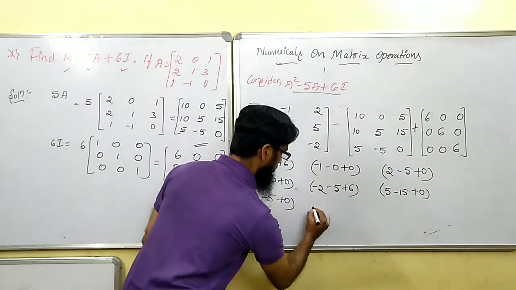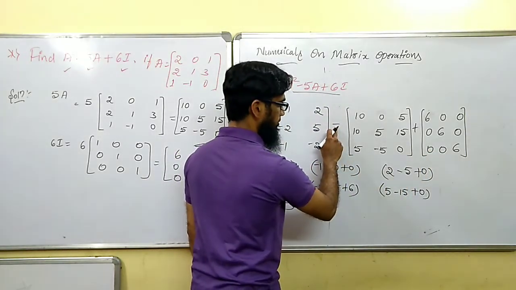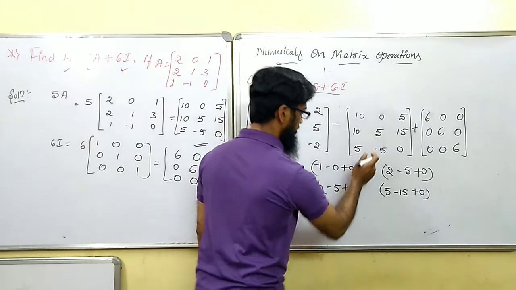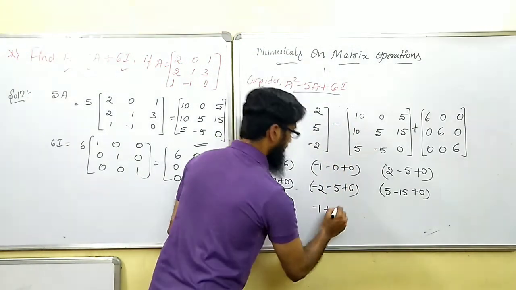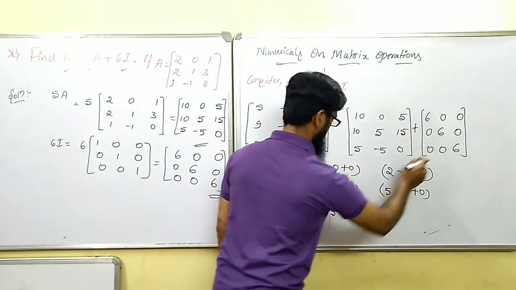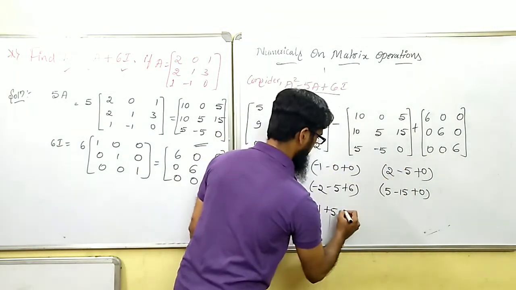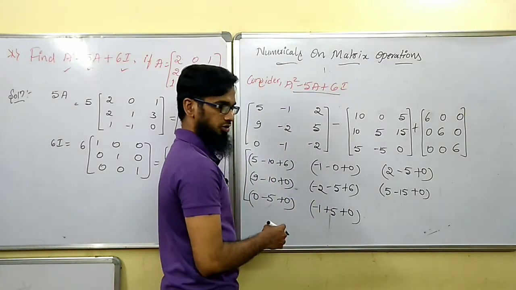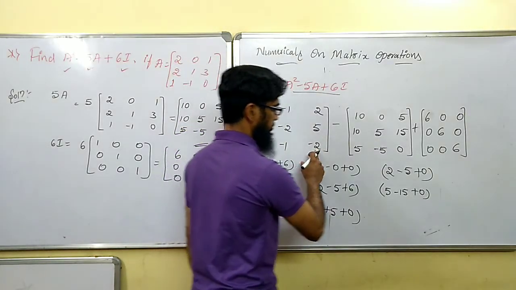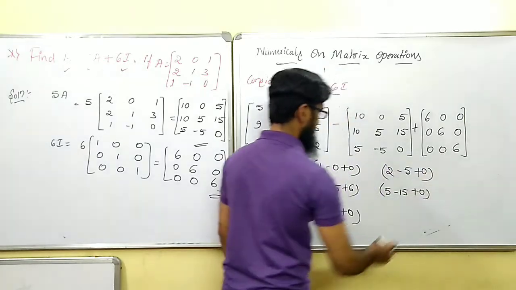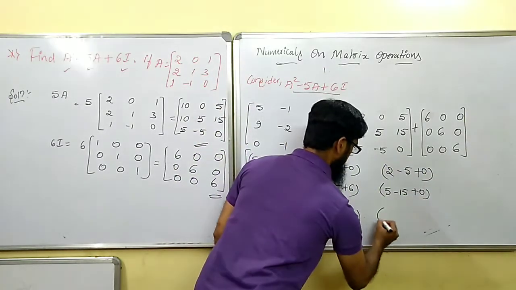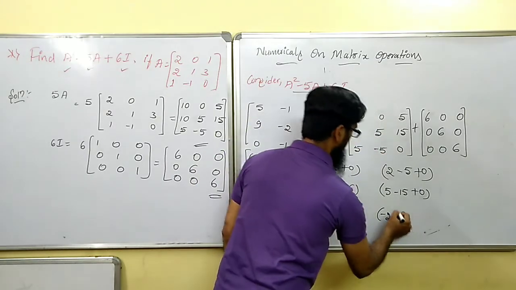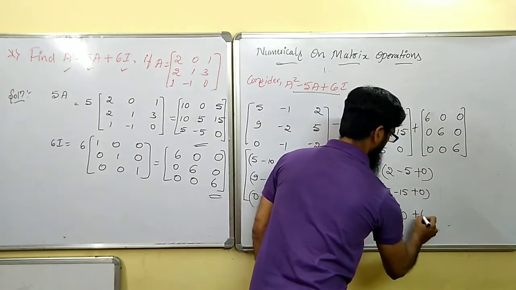So this is minus 1, and here a minus and a minus means we multiply, minus into minus is plus. This is 5, and the last one is the second element, 0. Now the last element, third row, third column: this is minus 2, we take 0, as well as the 6. This becomes minus 2 minus 0 plus 6.